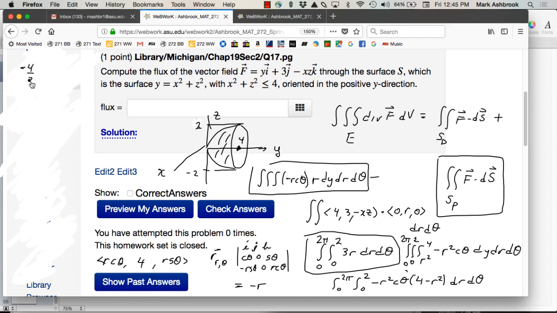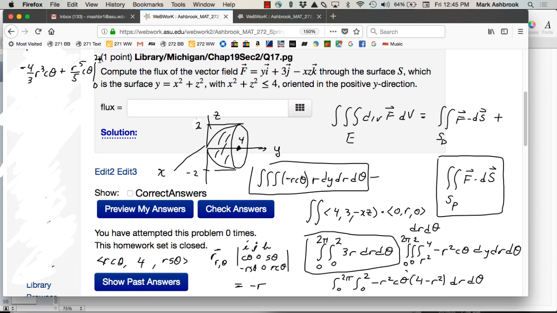Please check my math. Plus r to the 5th over 5 cosine theta? Is that right? And that from 0 to 2.